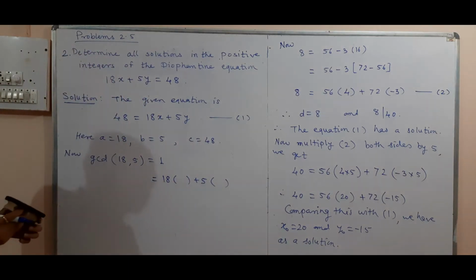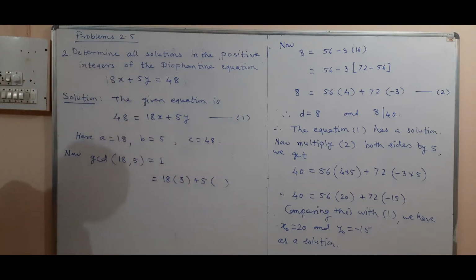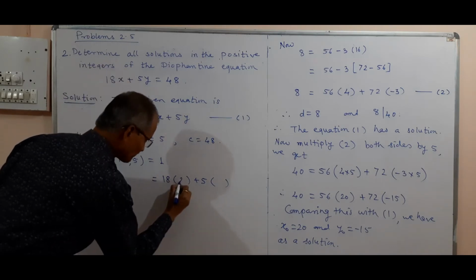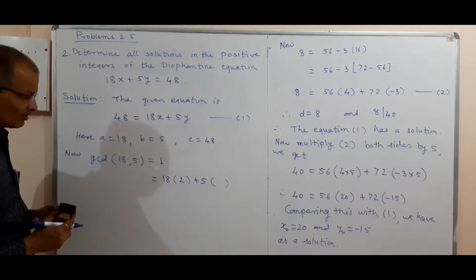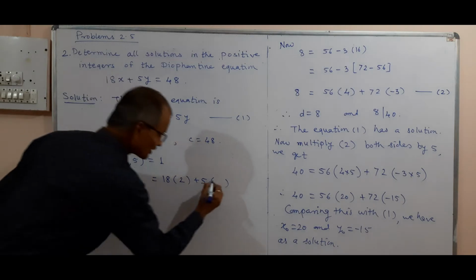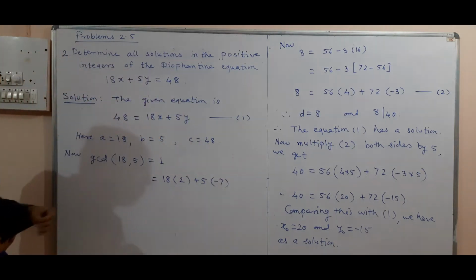And you may guess, so what should this be? We shall consider 18 into 2, that is 36. And 5 into 7 is 35. Therefore I shall consider here minus 7. 36 minus 35 is 1.